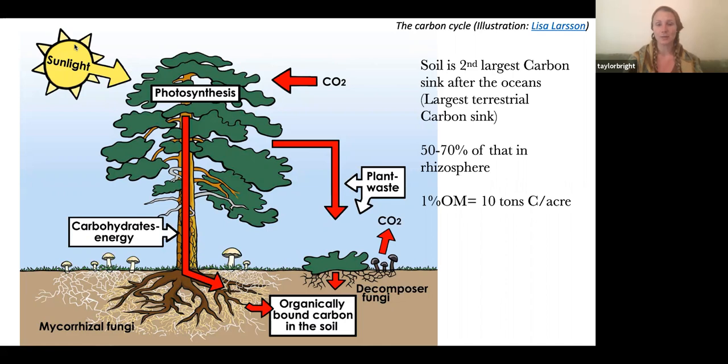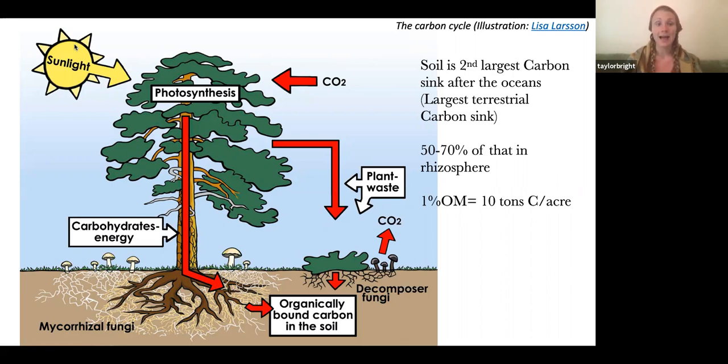So fungi help restore balance to that system. Plants take in carbon dioxide out of the atmosphere, and then they make these really carbon-rich sugars that they then pump into their roots. And then the fungi can take those carbon sugars and use that as food and store that carbon in both their bodies and in the soil.